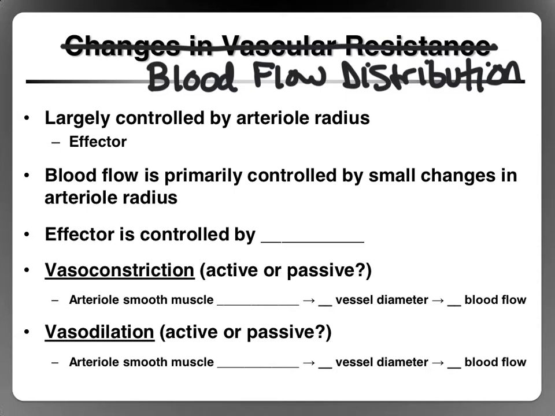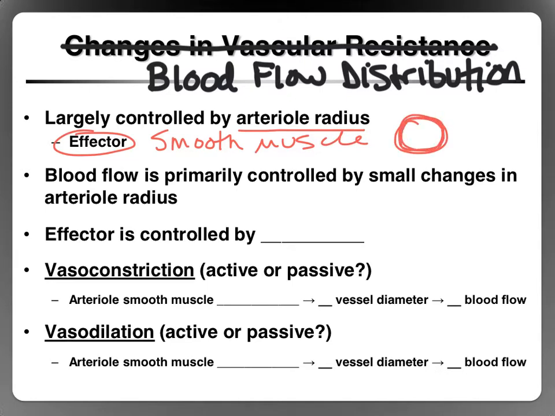to meet the needs. And the distribution of blood flow is mostly controlled by the radius of the arterioles, okay, because the arterioles are delivering blood to various parts of the body. And arterioles have smooth muscle in the walls. So the walls of an arteriole have smooth muscle.